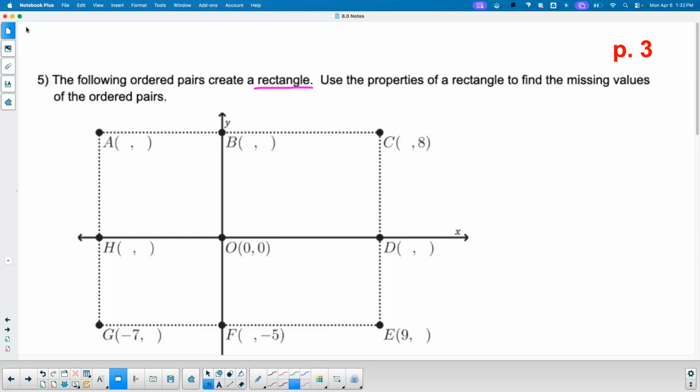They're all going to be the same, right? Yep, so that means that this then is all going to be -7 there, right? Okay. What can you tell me about the x values for B, O, and F?